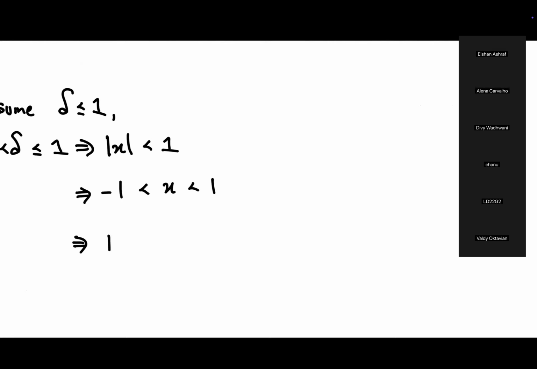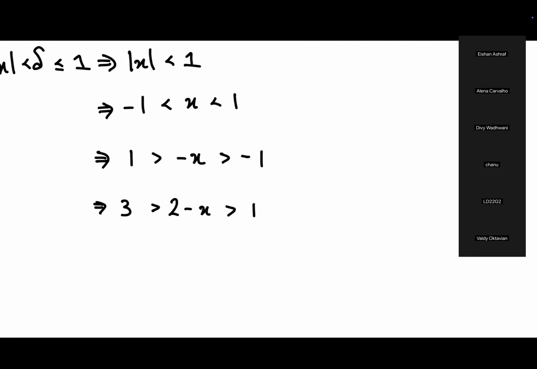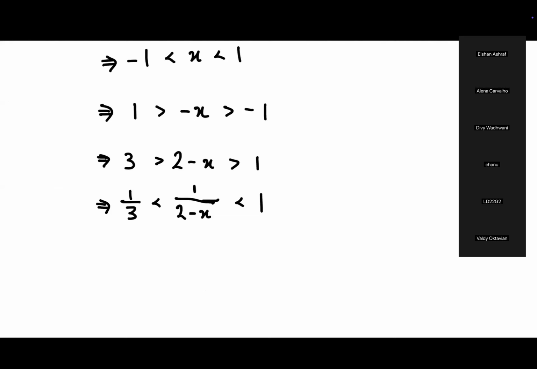That gives us positive 1 is less than negative x, which is less than negative 1. Now, if we add 2 to every side, we get 3 is less than 2 minus x, which is less than positive 1. Now, taking the reciprocal, we go 1 over 3, and we flip the inequalities again, 1 over 2 minus x, and this is less than 1.